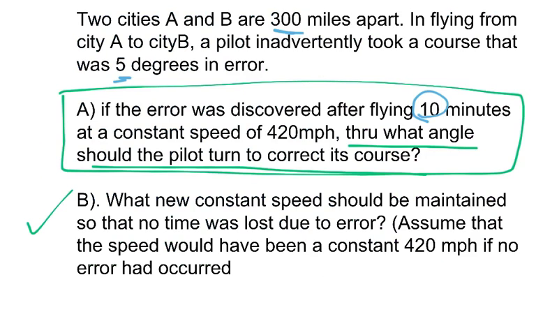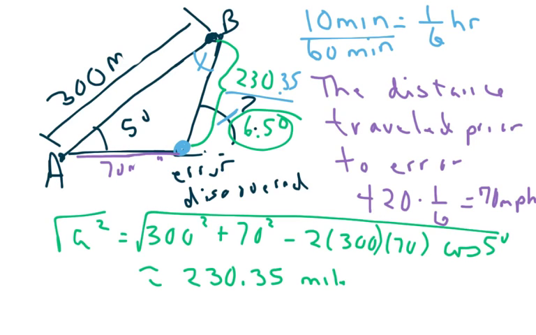Now, the other question was, what new constant speed should be maintained so that no time was lost? We're going to assume that the speed would have been constant if no error had occurred.